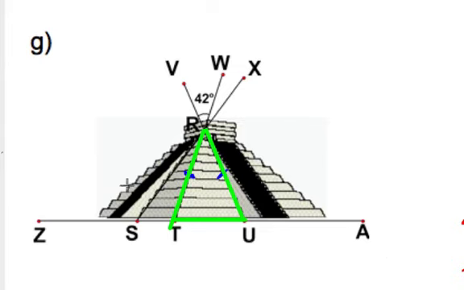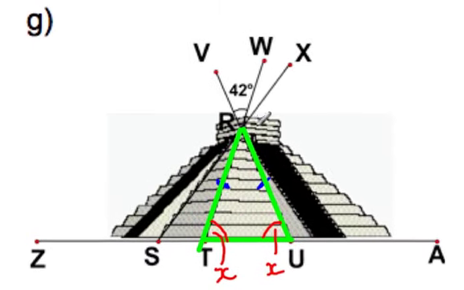So that means that angle RTU and angle RUT are equal. So if we give this the measure x and this the measure x, now these two angles are equal because remember that the angles opposite equal sides in an isosceles triangle are equal.